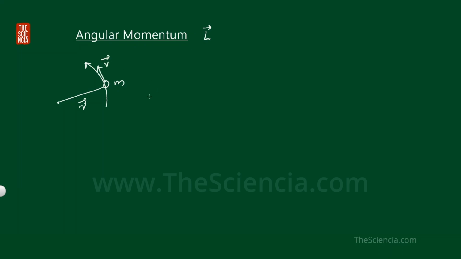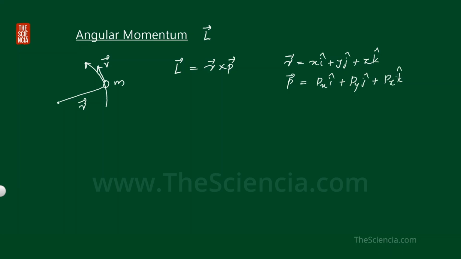If we know the r vector and velocity, then the L vector, that is angular momentum, is defined as r vector cross p. And here we know r vector is equal to x i cap plus y j cap plus z k cap, and p vector is equal to px i cap plus py j cap plus pz k cap. So r and p are vectors, so we can find L is equal to r cross p.